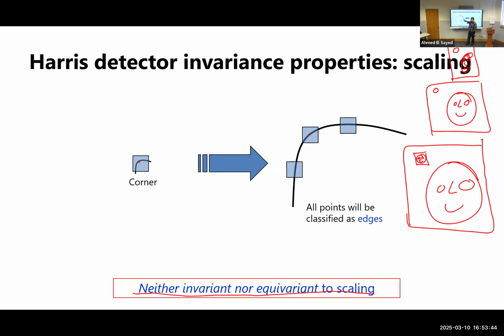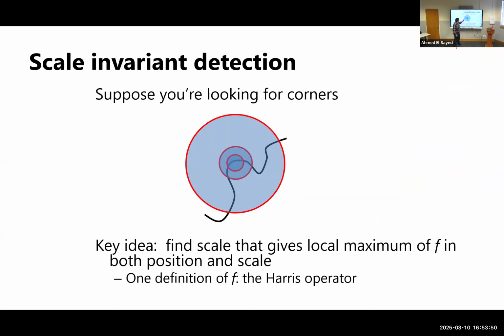That's exactly what we can do here. We will start by detecting the corner on the lower scale, then increase the size of our detector to work on bigger, then increase the size again to work on bigger.